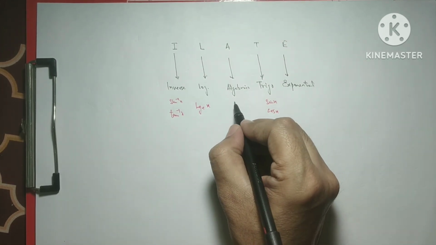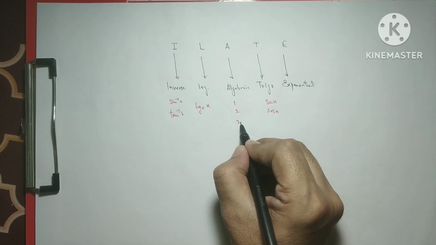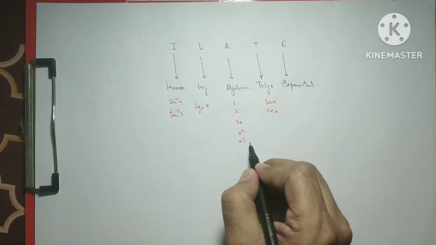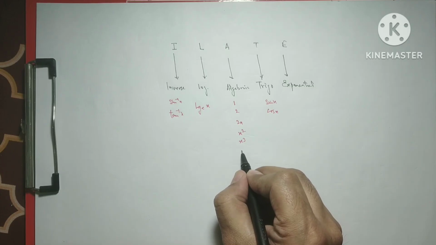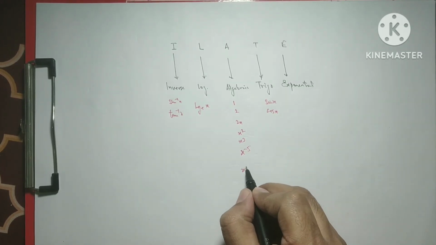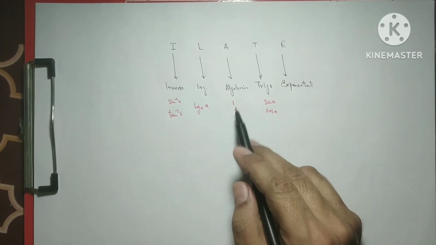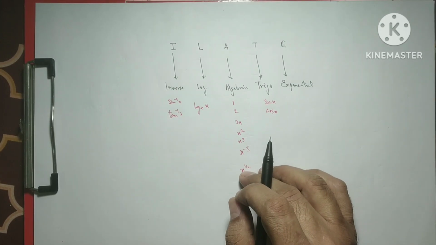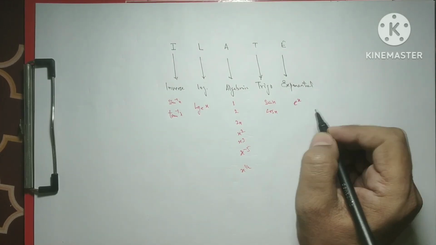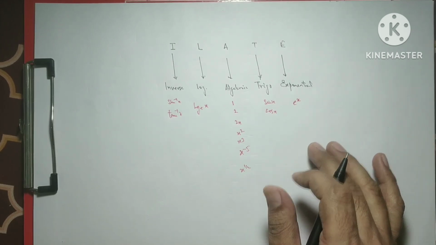For algebraic functions, you can take any pure number like this, any power, negative power, fractional powers. You can use any polynomial also. And in terms of exponential, we use e to the power x, e to the power sin x, anything.